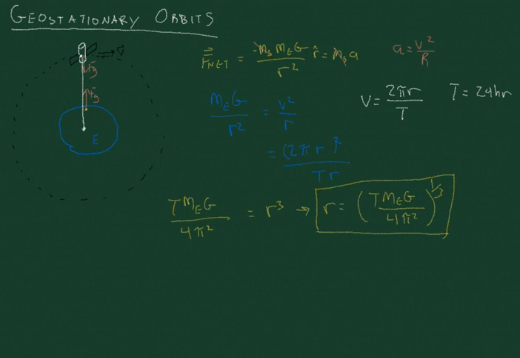But now let's say instead we had wanted to solve for the velocity, right? Because we can do that too. Instead, now we just have to change this equation and write that r is equal to the period times the velocity over 2 pi. So we go back to this equation and we can cross out one of the r's.